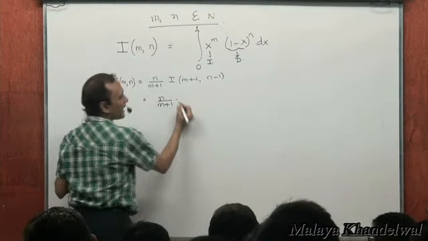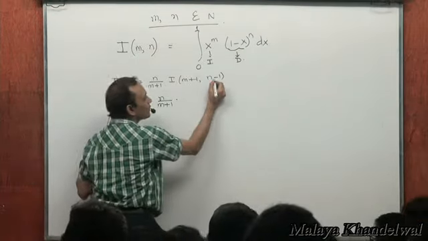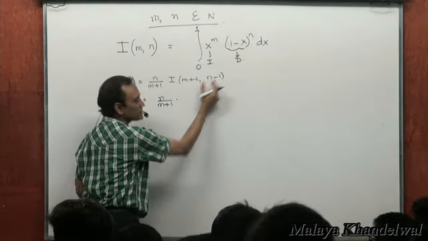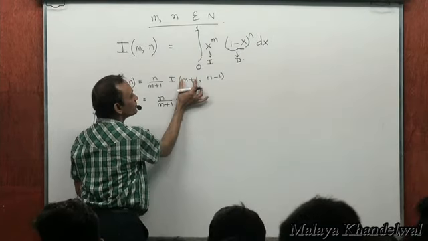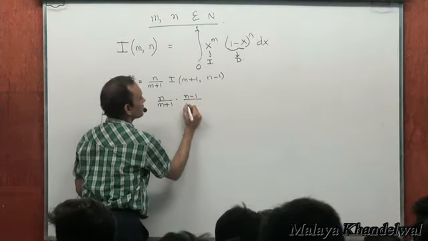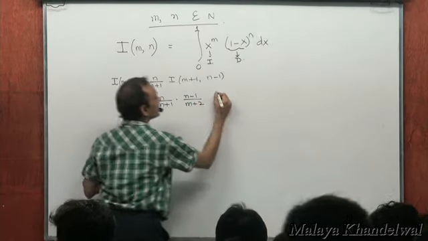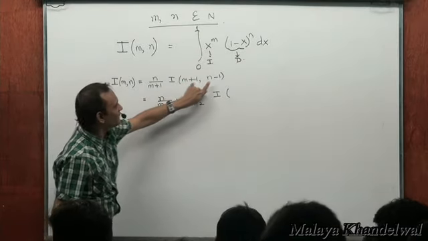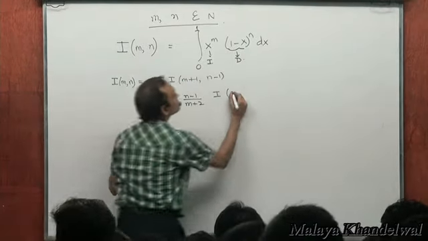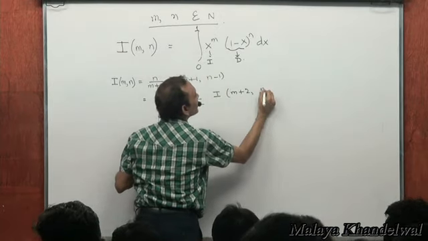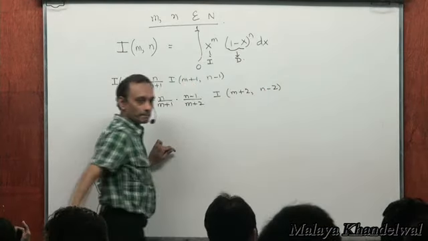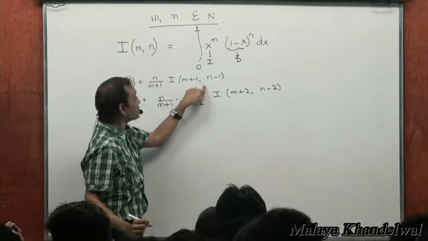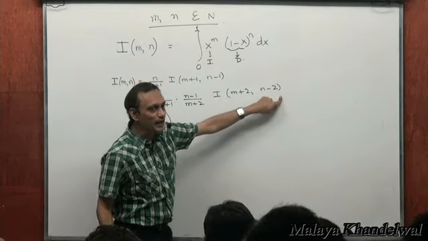So this is as good as saying: the numerator n comes here, in this case n minus 1 will come in the numerator, and this will increase by 1, m plus 2, and this will become I m plus 2, n minus 2. These are increasing by 1 and these are decreasing by 1. Again apply the same reduction formula to I m plus 2, n minus 2.